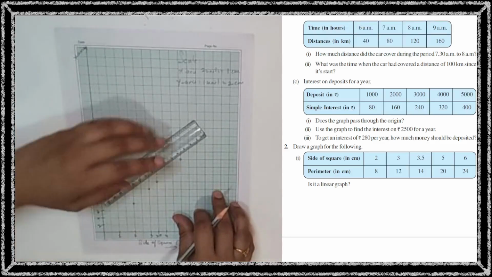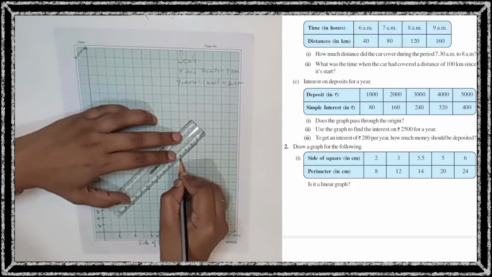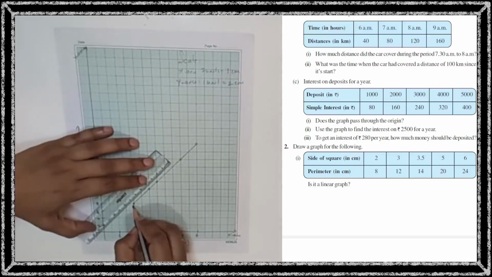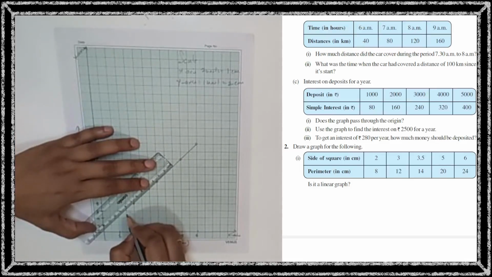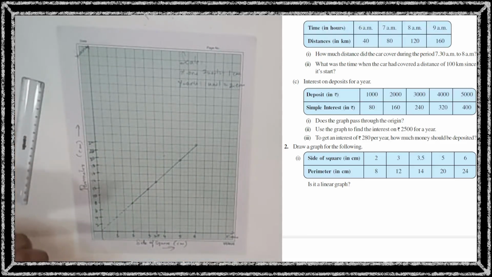So let us join the points now, 2 at a time. So you can see that it is a linear graph. So the question that they asked us, is it a linear graph? The answer is yes, it is a linear graph.